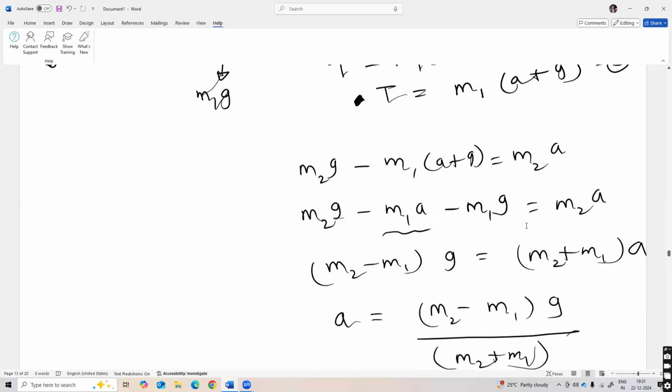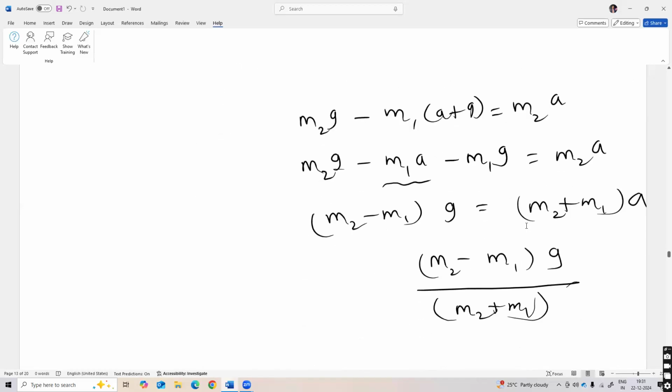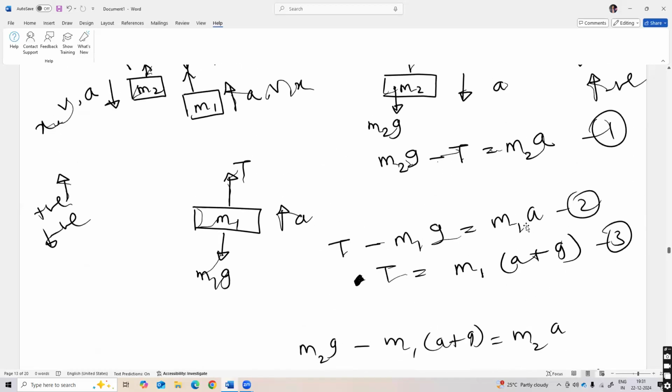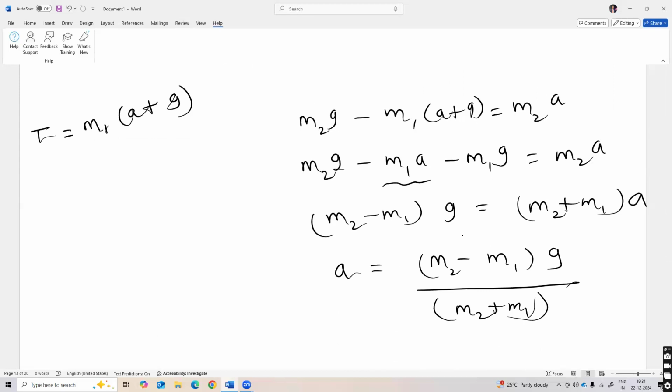Then if you put this acceleration into equation number 3, equation number 3 was M1 into T is equal to M1 into (A plus G). Okay, so now if we put the value of acceleration into this, we will get T. So T is equal to M1 into (acceleration, which is (M2 minus M1) into G upon (M2 plus M1), and plus G).